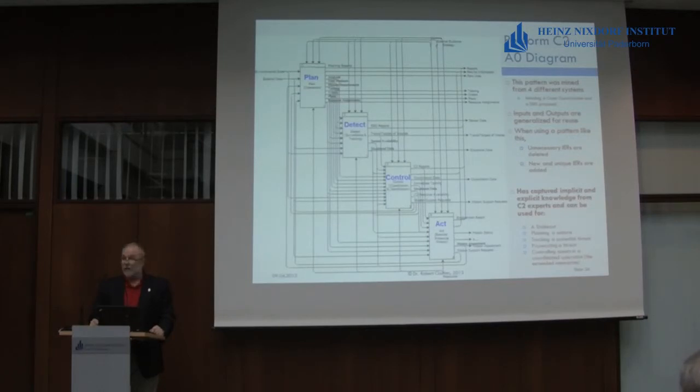If I gave this to a mid-grade architect and said, start with this pattern, you think that person now has a huge leg up, a huge head start on developing an architecture for a new command and control system? They can decide which of these they need to use, which ones they don't need to use.